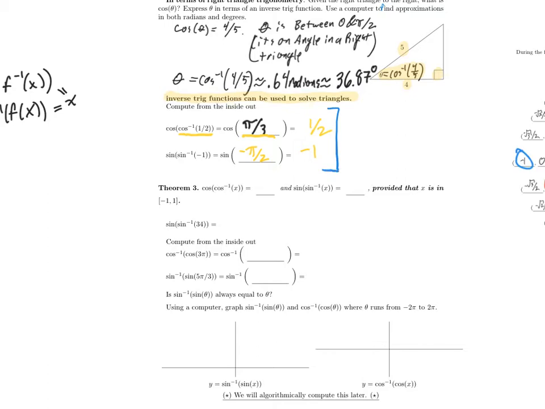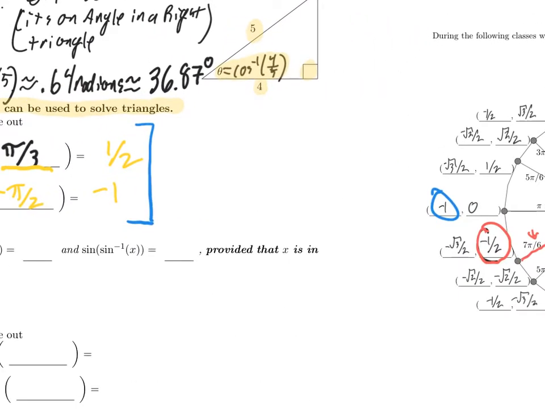In fact, there's something that's going to be true in general. Let's think just about cosine. If I take cosine inverse of some number x, this is an angle in [0, pi], that's the range of inverse cosine, with cosine of that angle, call it theta, equal to x.